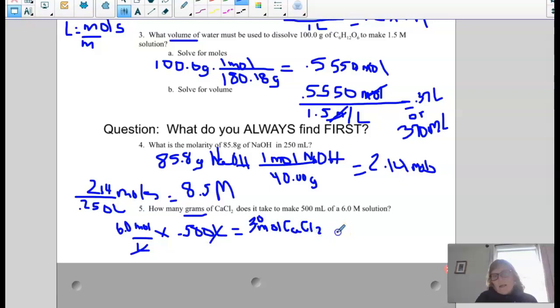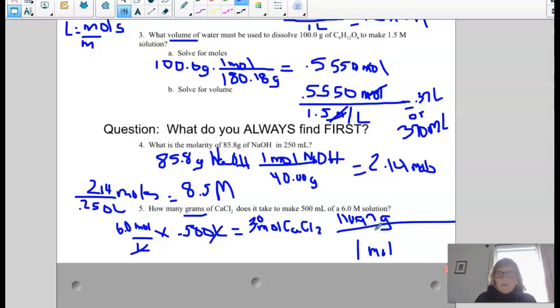Now, once I have that, I can go and find my grams. So 1 mole of CaCl2: calcium weighs 40.07 plus 35.45 times 2. You should get a molar mass of 110.97 grams.